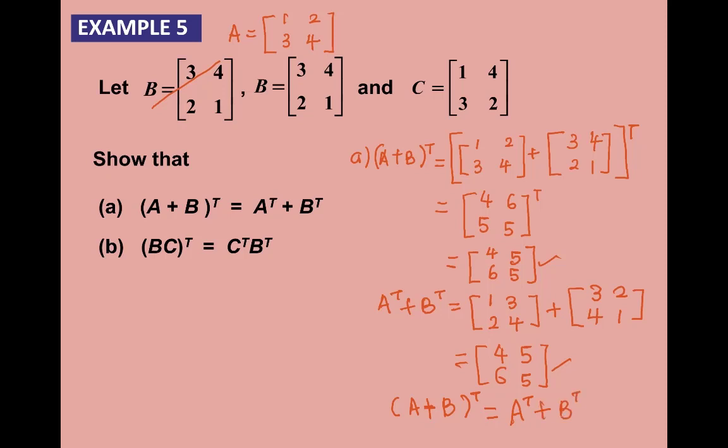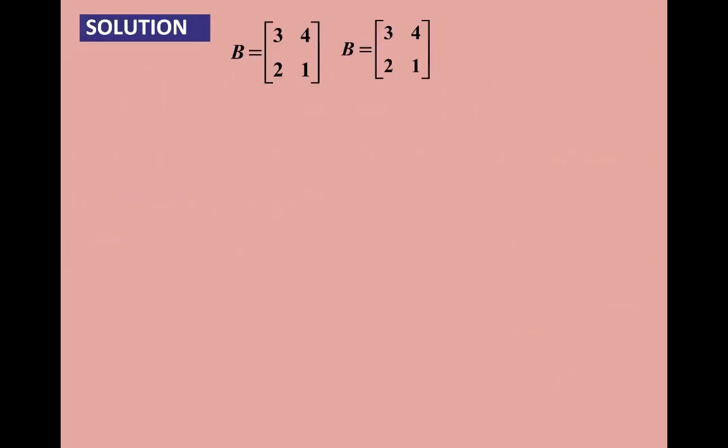Okay, now let's try the second example. (B times C) transpose. Okay, so this is supposed to be C, not B. Slight mistake there. So matrix C is [1, 4; 3, 2].